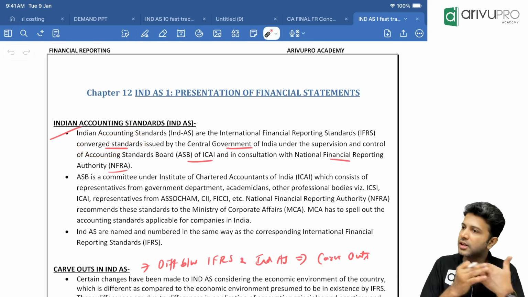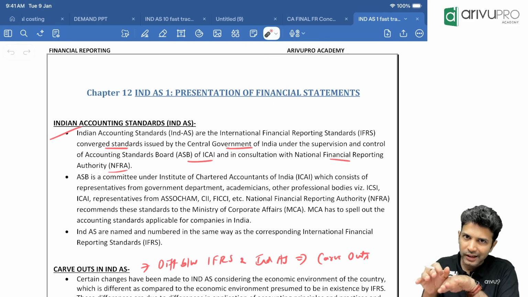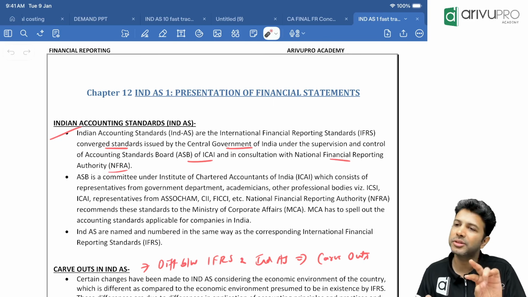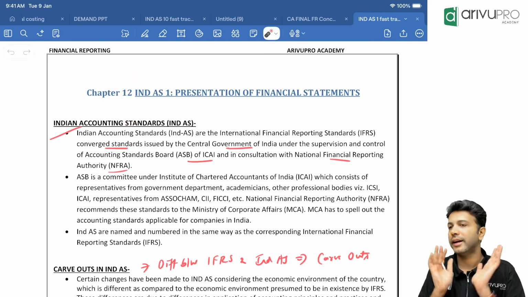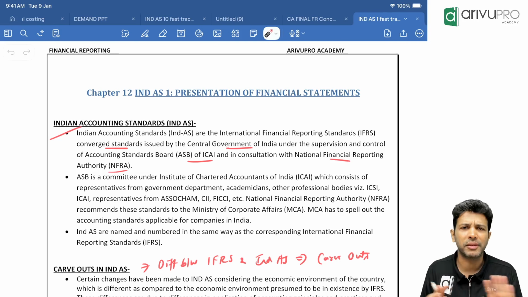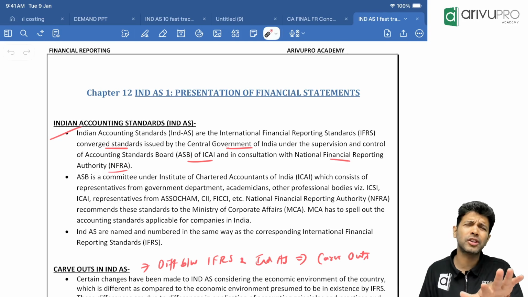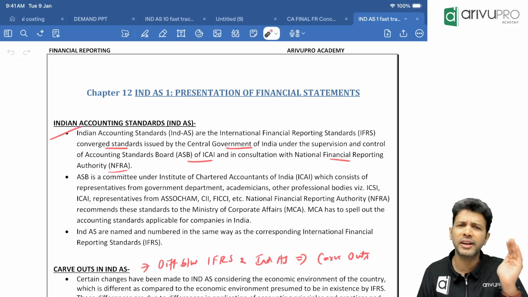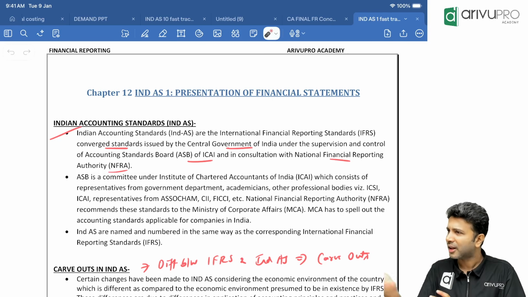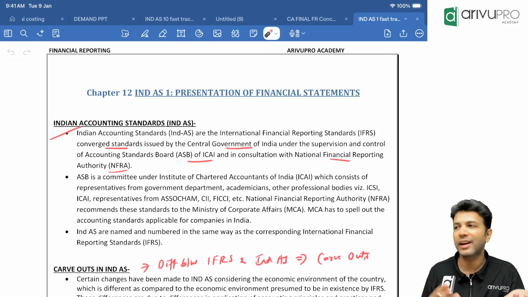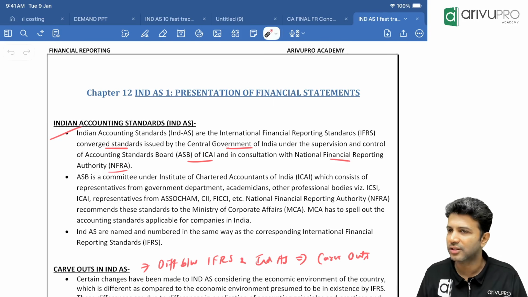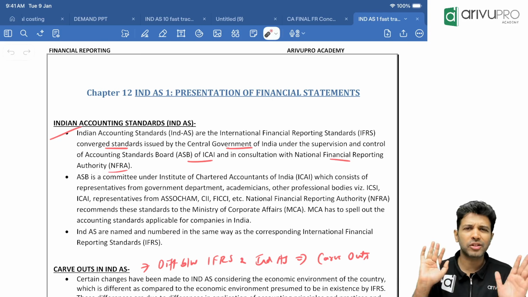We have converged to IFRS means we have used that IFRS as a base and made some changes. That's the reason we don't call it as IFRS, we call it as Ind AS, right? That's a new name given basically. But you could say almost 99% IFRS and Ind AS are same. There may be only 2 or 3 areas where there is some differences between Ind AS and IFRS, and that too all small ones. Right? Otherwise, more or less will sync up.